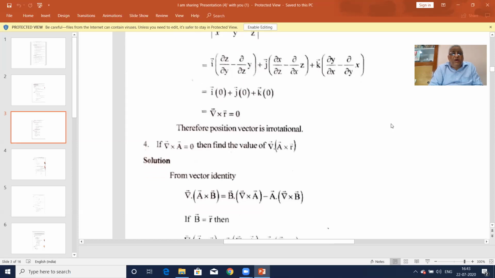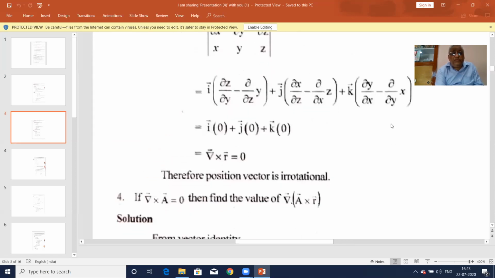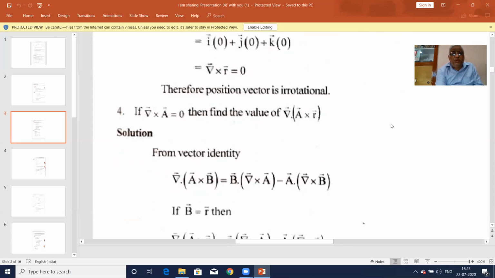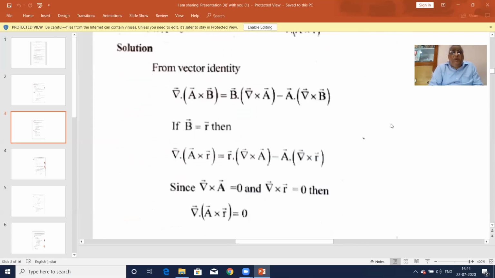Divergence of A cross B is equal to B dot del cross A minus A dot del cross B. Substituting the value of B, we already know from the earlier problem that curl of A is equal to 0 and curl of R is equal to 0.